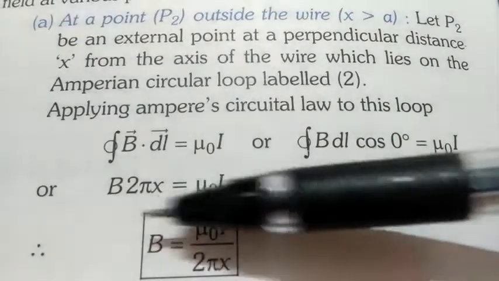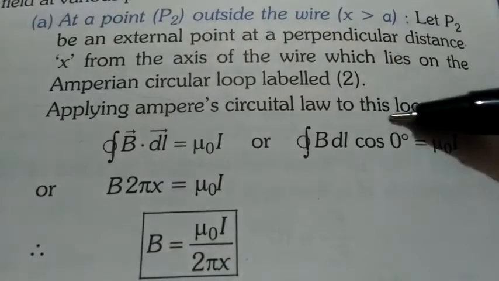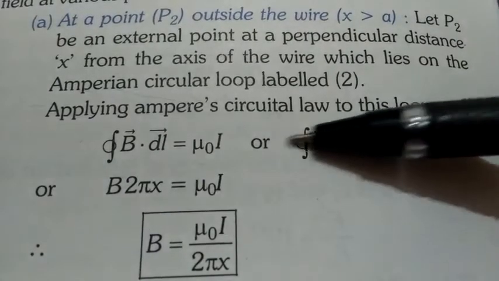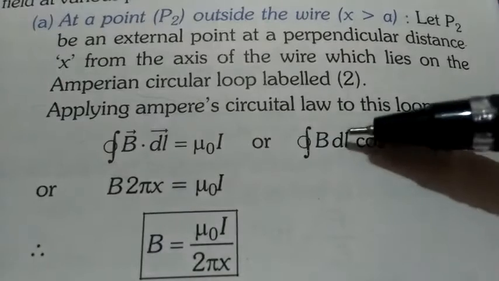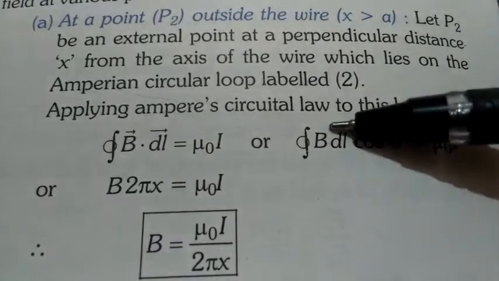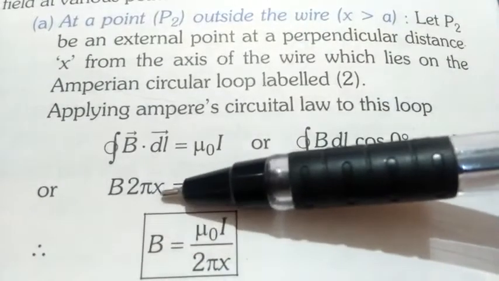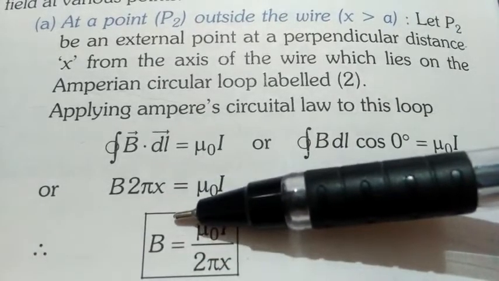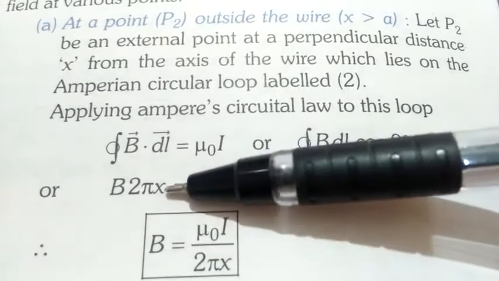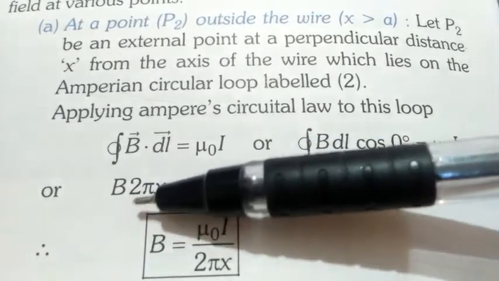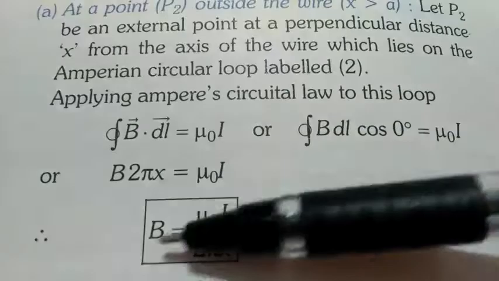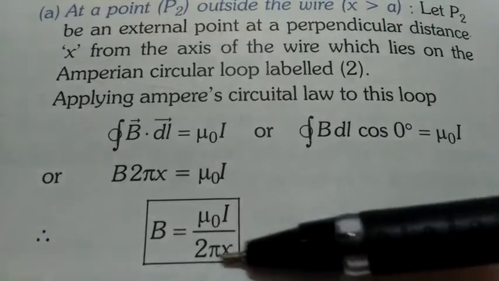So here, B is constant, so we will take it out, and when we integrate dl we get 2 pi x. The perimeter of a circle is 2 pi r, where r is the radius. Here the radius we have taken is x, so B 2 pi x equals mu naught I, or B equals mu naught I upon 2 pi x.